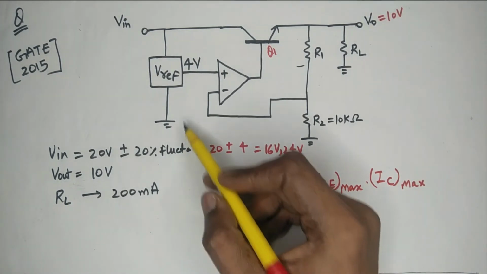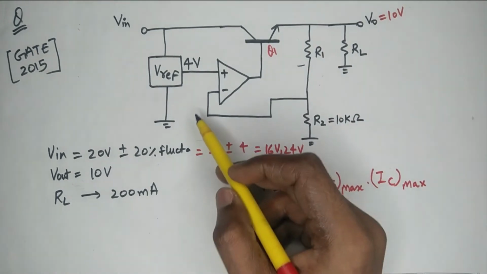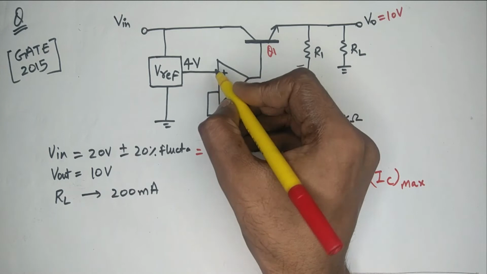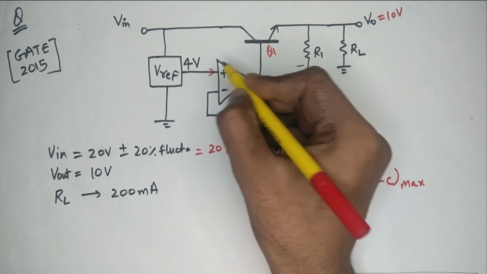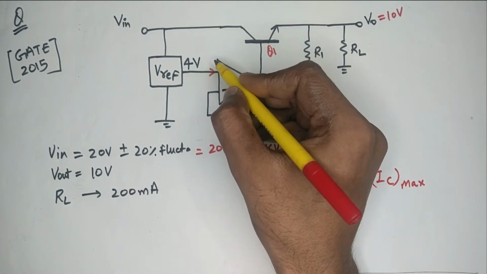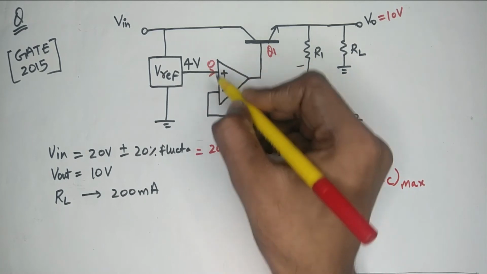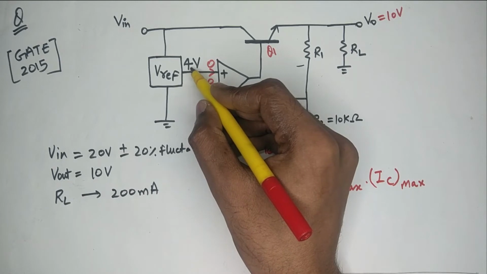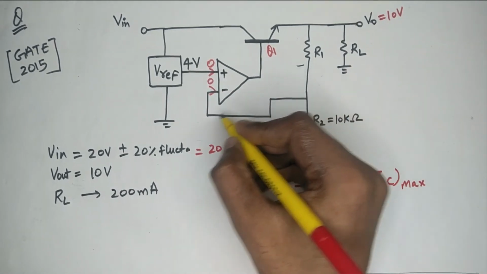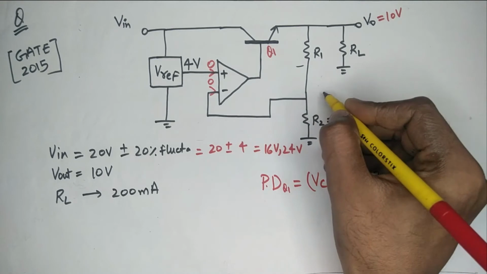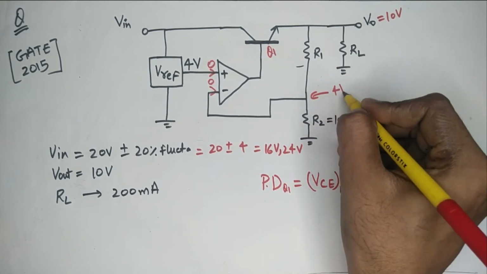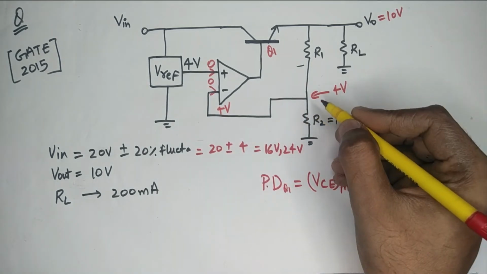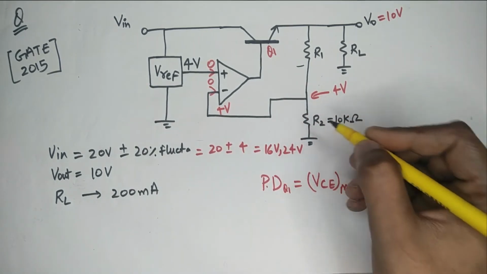Now we have seen that this circuit is stable and we can apply virtual short. Now that we know that the current through the input terminals of op-amp is 0, and as virtual short is valid, this 4 volt can be seen here. Now this voltage is at 4 volt, and we can find the current through R2.